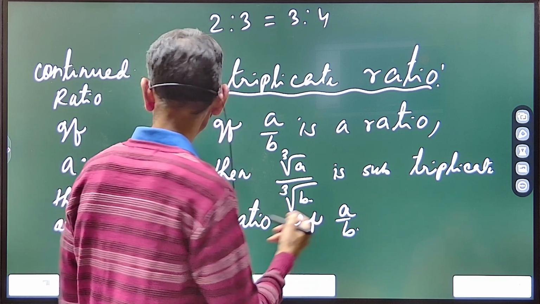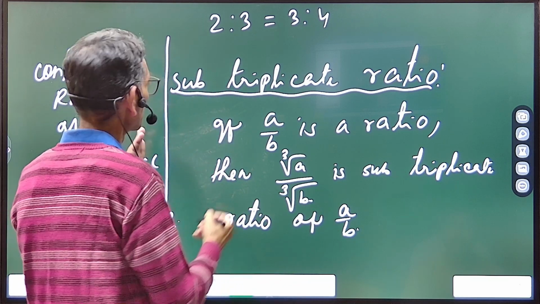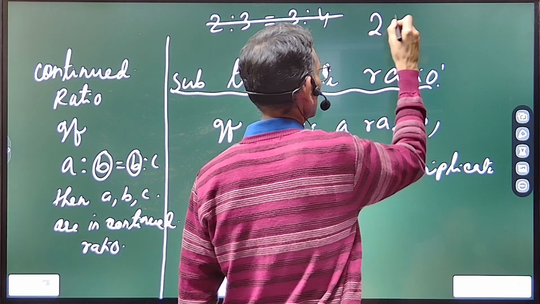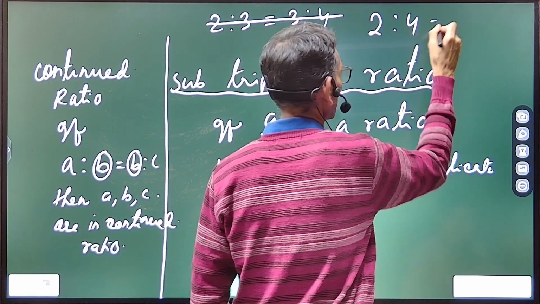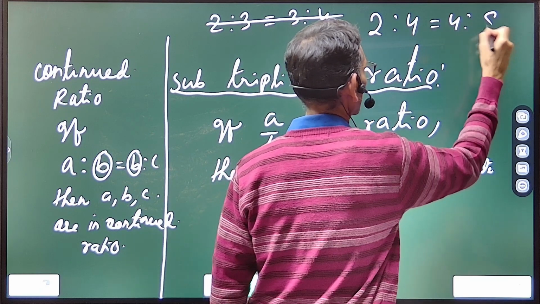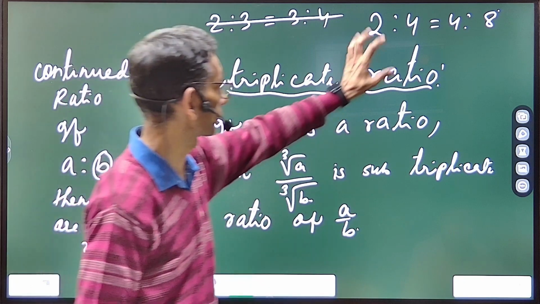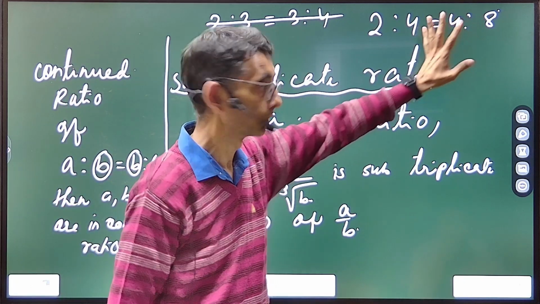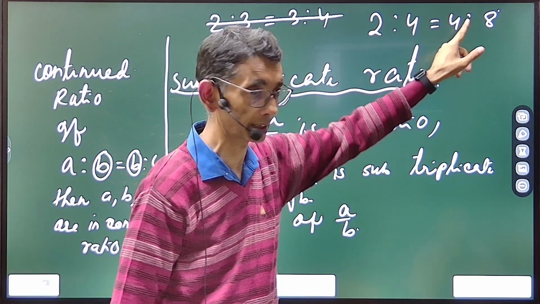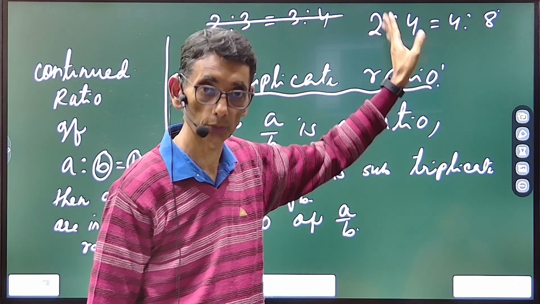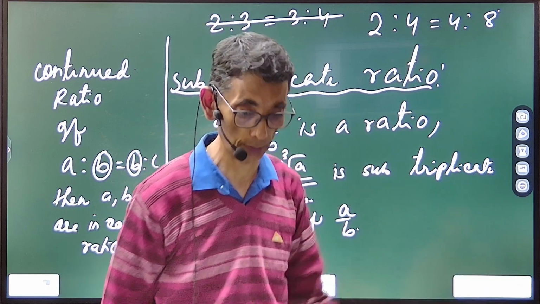A by B should be equal to B by C. You have to write the numbers like this. Say 2 is to 4 is equal to 4 is to 8. 2 is to 4 means half, 4 is to 8 means half. So we can call 2, 4, 8 in continued ratio.